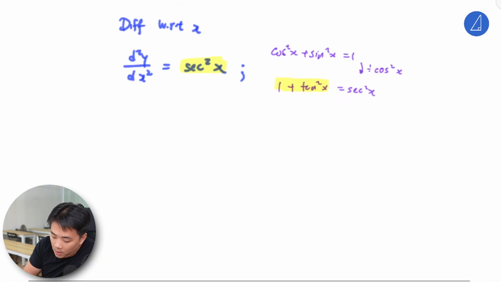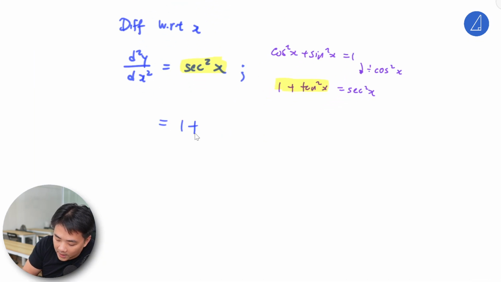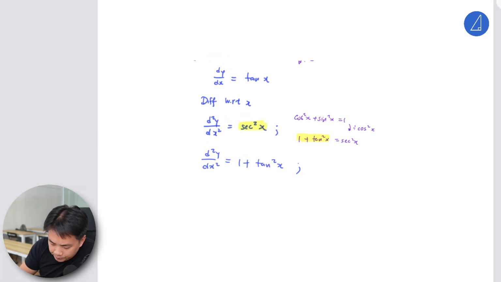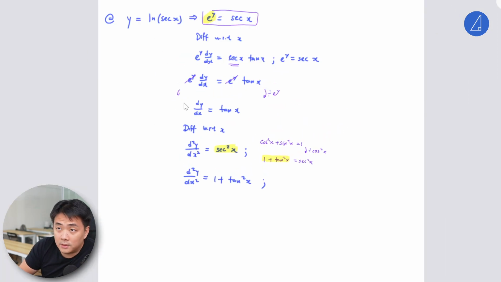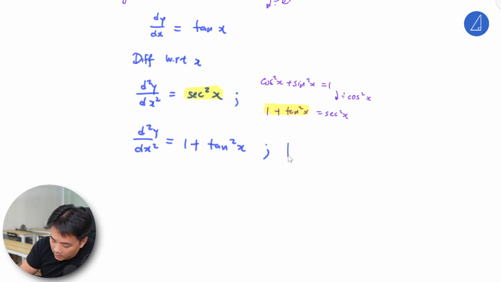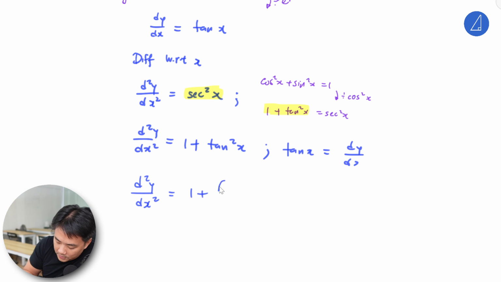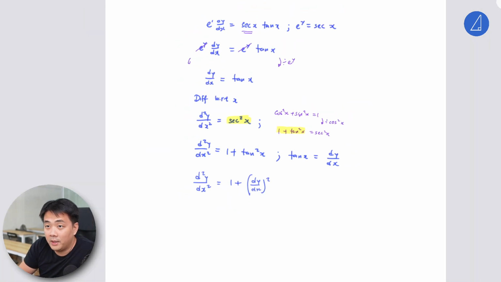So from here, what we'll get is 1 plus tangent square x, d square y/dx square. Then I know that tangent x is dy/dx. See that? So tangent x equals dy/dx. So this could be rewritten as d square y/dx square equals 1 plus (dy/dx) entire thing squared. Great.